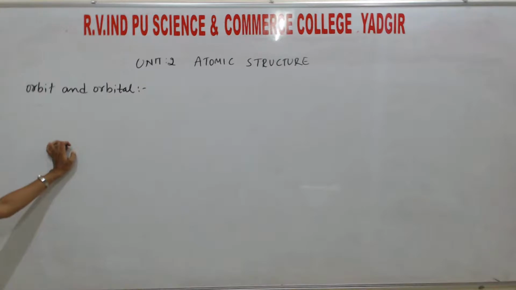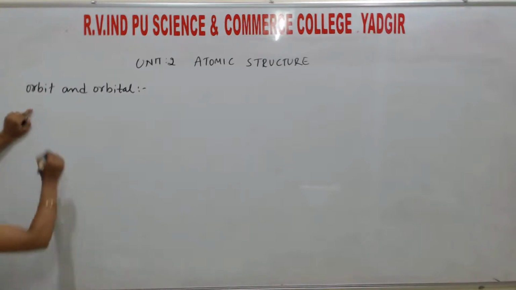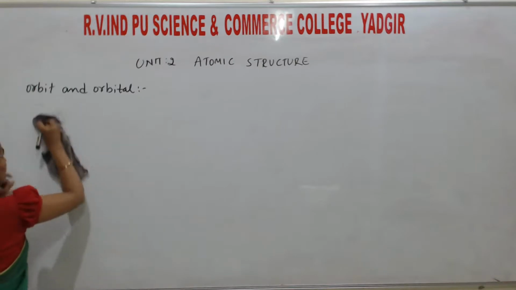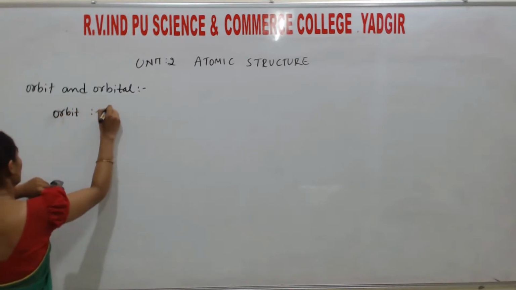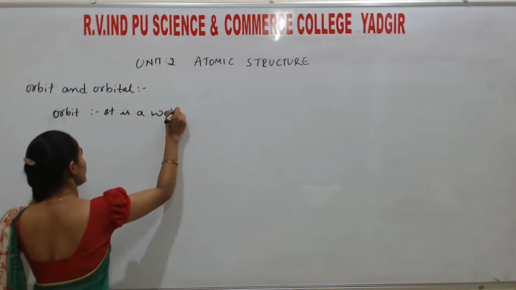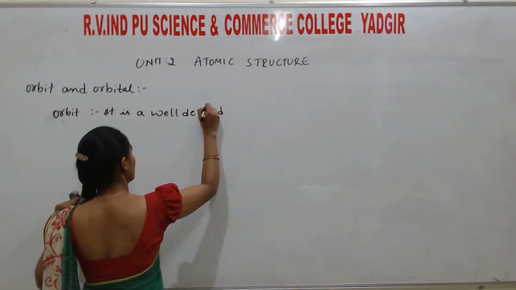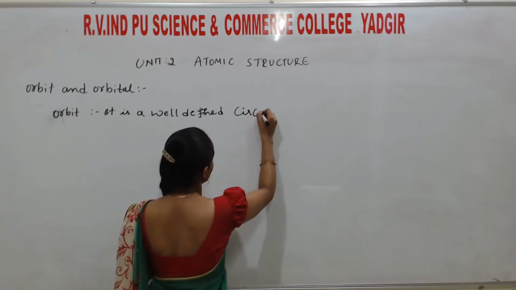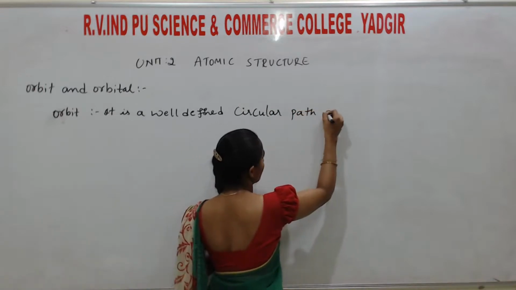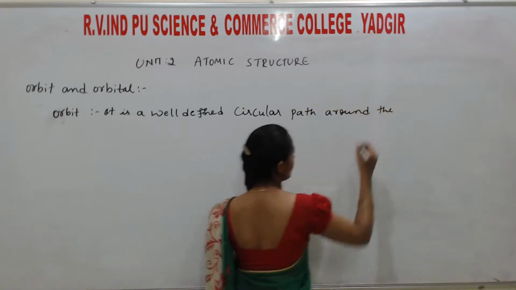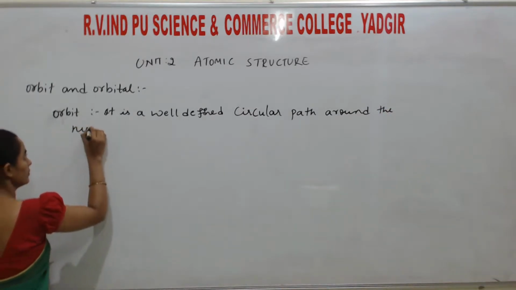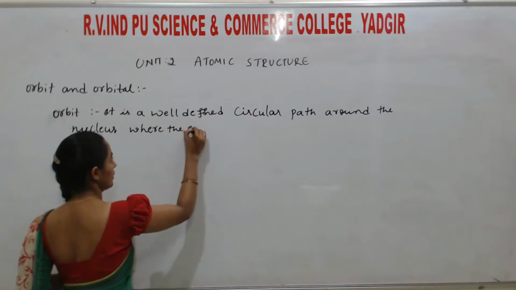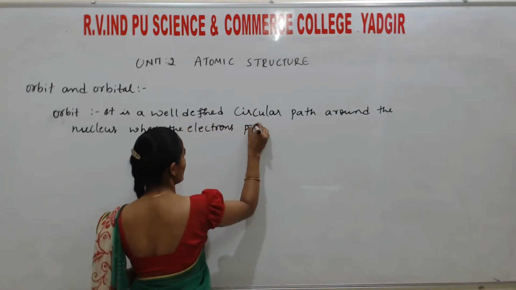Okay, students, orbital is there. So orbit means it is a well-defined circular path around the nucleus where the electrons are present.